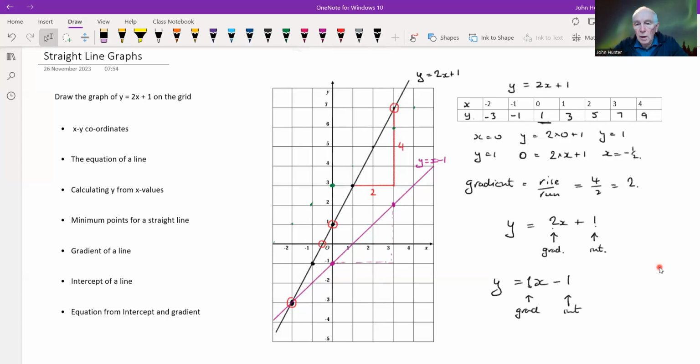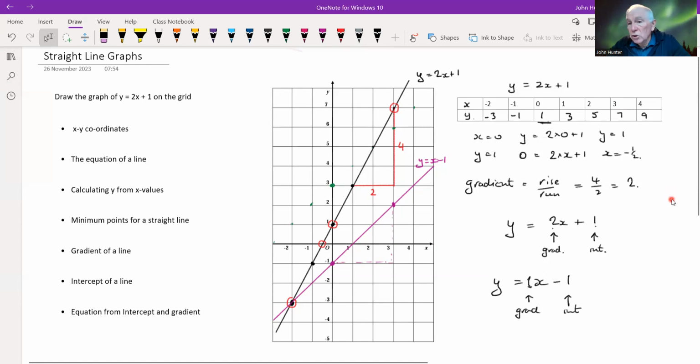Okay, so if we're given the line, we can draw it. We can either calculate lots of points, or if we can't be bothered doing that, just do 2, and that is quite enough. A lot of questions will ask you to complete a grid of values, in which case you've got to do all that they ask you.